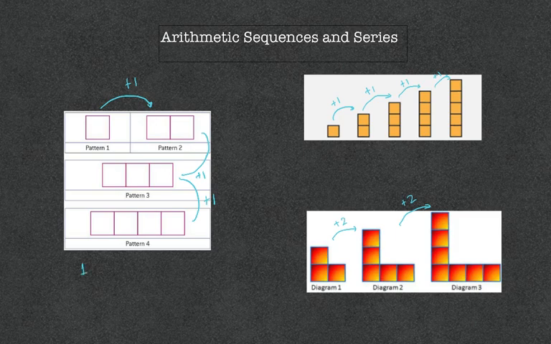This sequence would be 1, 2, 3, 4. The second sequence would also be 1, 2, 3, 4, and 5. The third one is 3, 5, 7.